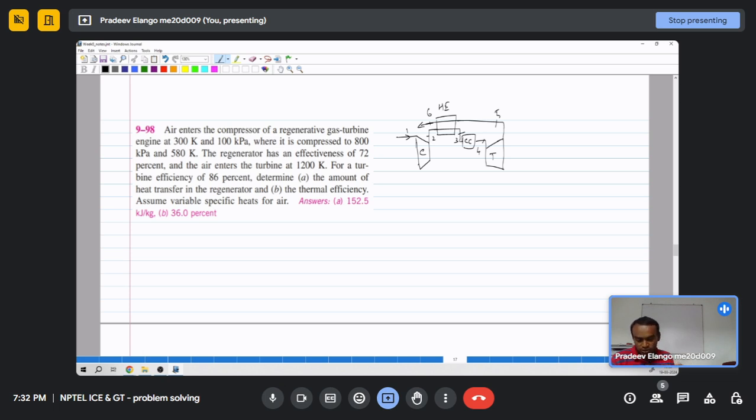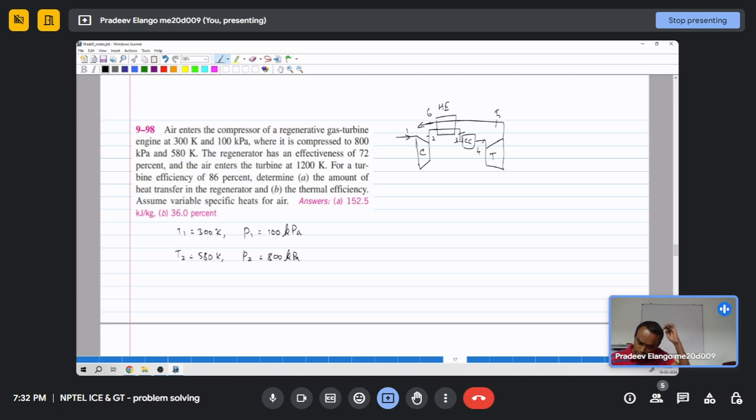We can keep solving for the different states. So T1 is 300 Kelvin, P1 is 100 kilopascal, T2 is, sorry, 580 Kelvin, and P2 is 800 kilopascal.